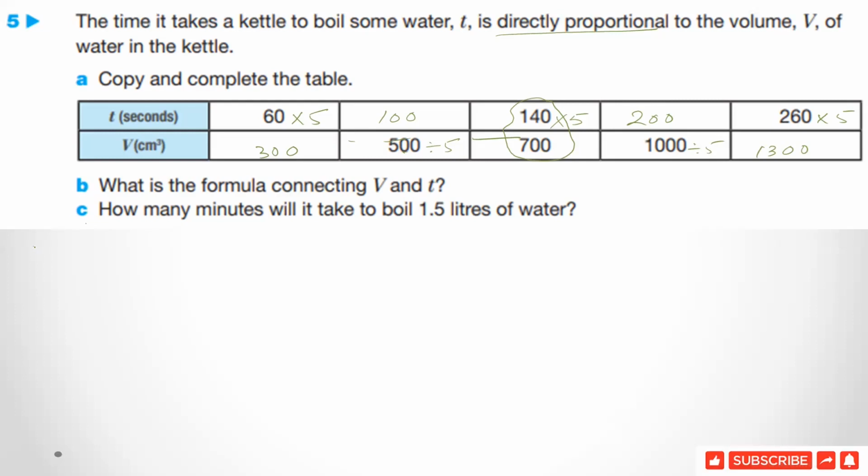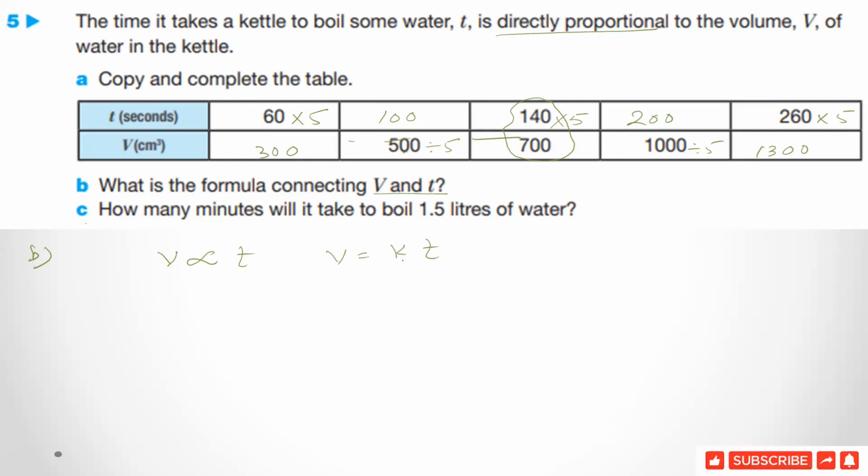Now question B. What is the formula connecting V and T? We know V is directly proportional to T, and V is equal to K times T according to the law of direct proportion.